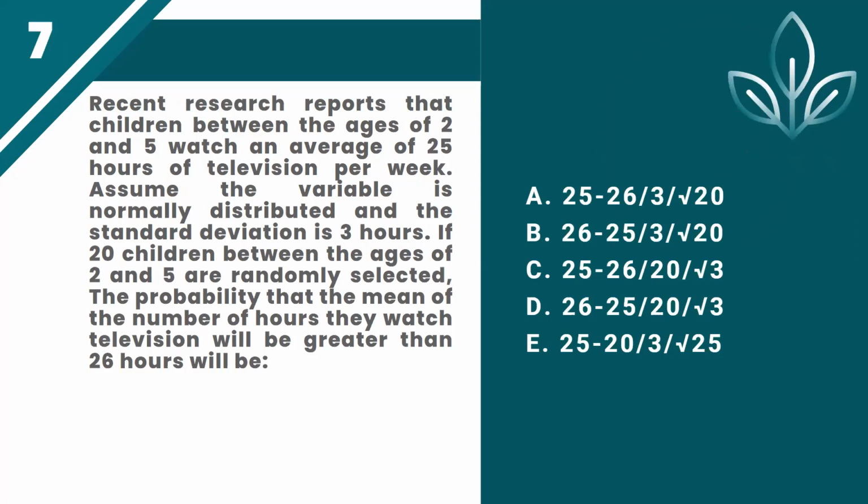Recent research reports that children between the ages of 2 and 5 watch an average of 25 hours of television per week, assuming that the variable is normally distributed and the standard deviation is 3 hours.